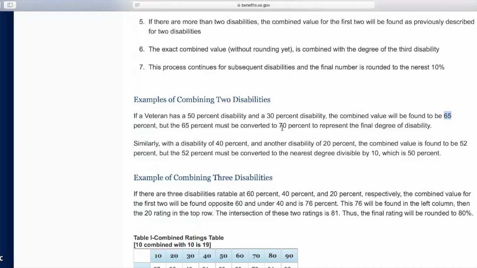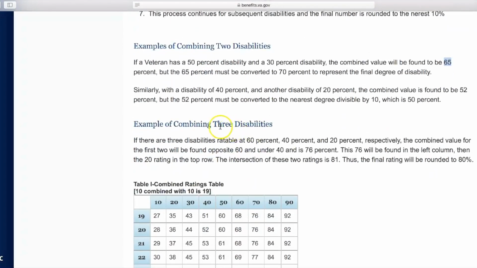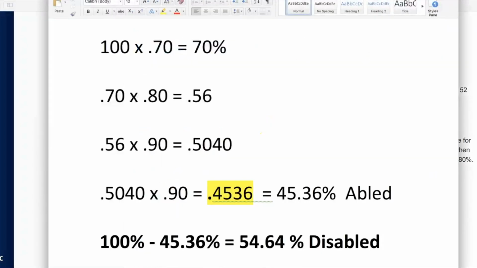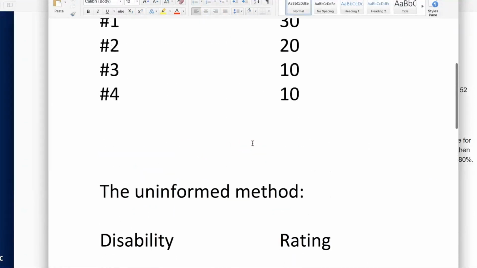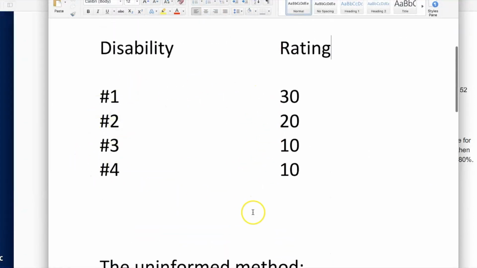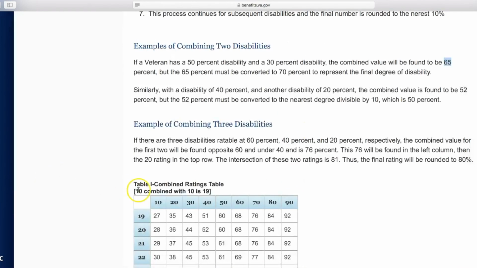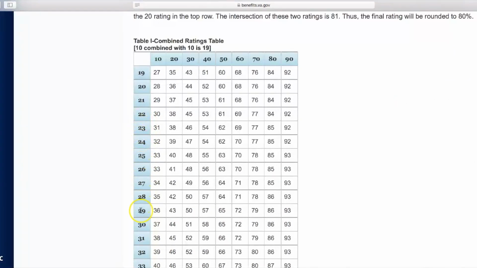Now we're going to go through an example. They give another example of doing 3 disabilities, but I'm going to take you through the 4 ratings. All right, a 30, a 20, a 10, and a 10. Remember that. So 30, we're looking for the number 30 over here, and then a 20, which is here, so we're at 44%.